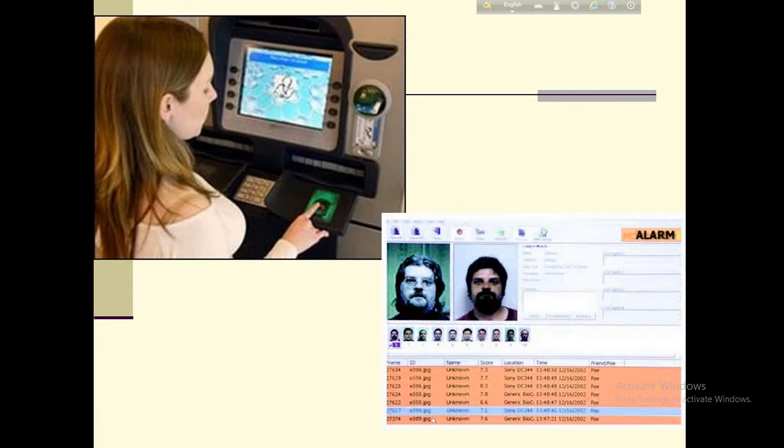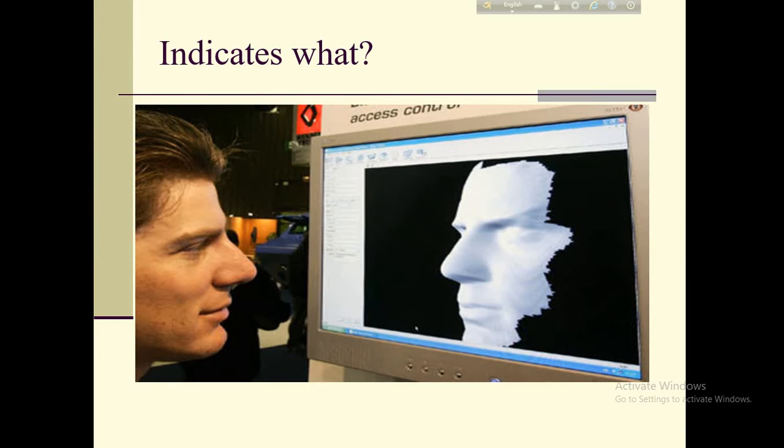Here we see another example of using biometric technique. This picture indicates what? I think this is an example of face recognition.